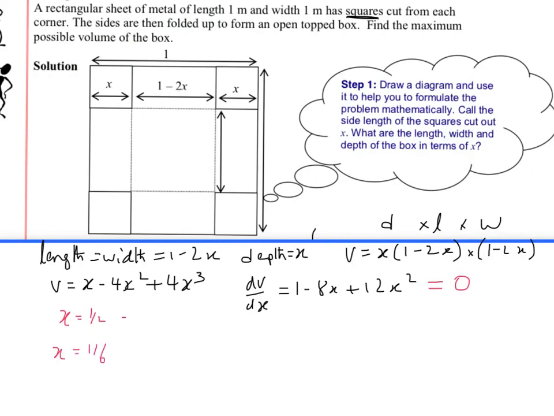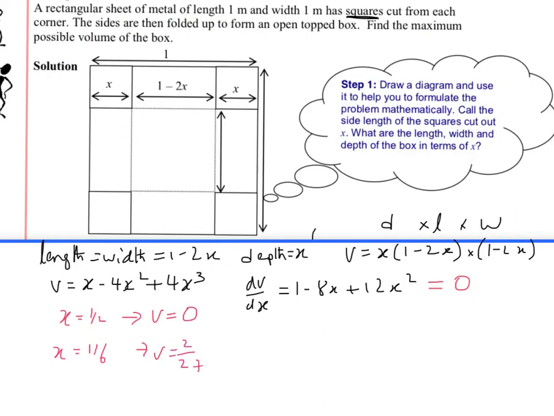Now we can substitute those values of x back into our expression for v, and we should get v equals 0 for a half, or v equals 2 over 27.